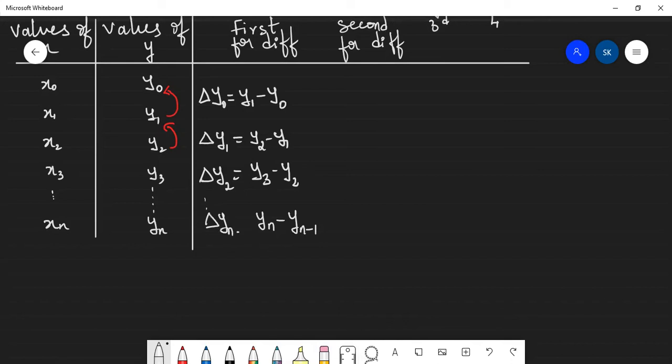Forward delta yn minus 1 will be there. Now, what about second differences? I should subtract forward delta y1 minus forward delta y0. Then I'll get here forward delta square y0. You should write it in between these two, you should not write in this line, you should write in between. The number of elements in the column keeps decreasing. One second.